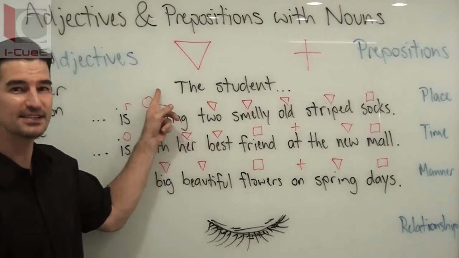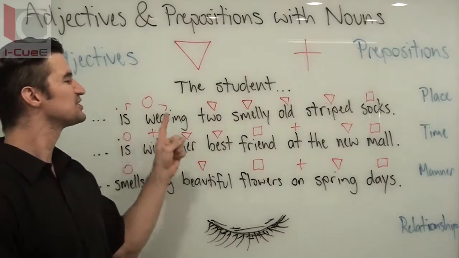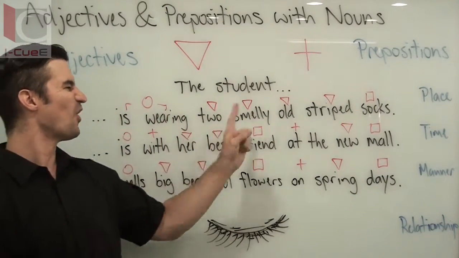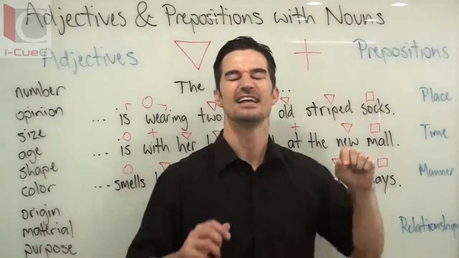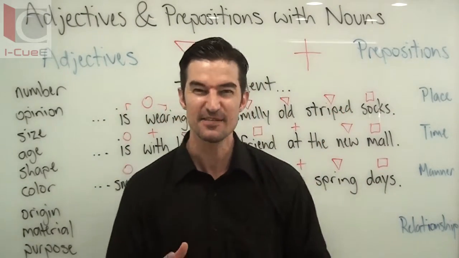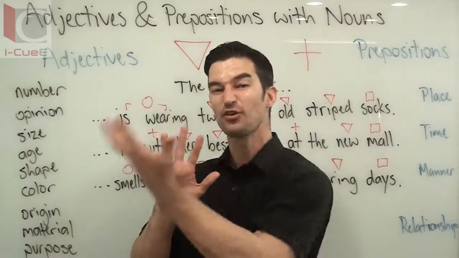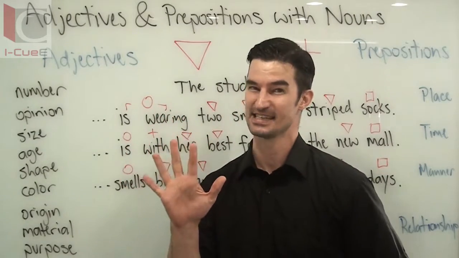The student is wearing 2 smelly old striped socks. You see, the thing about adjectives is that they generally use the 5 senses.